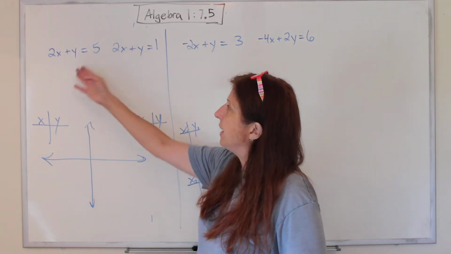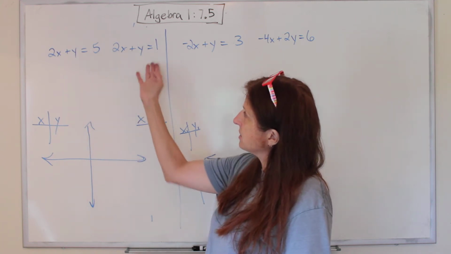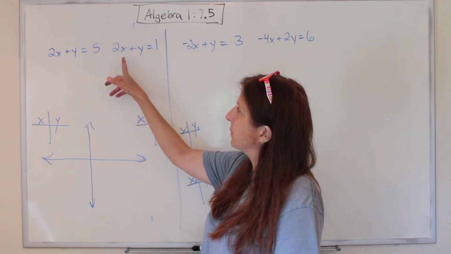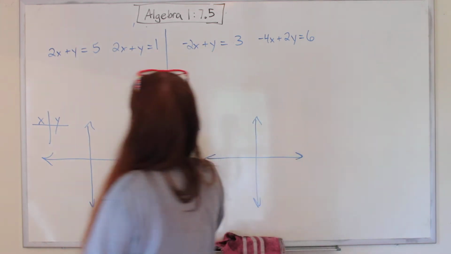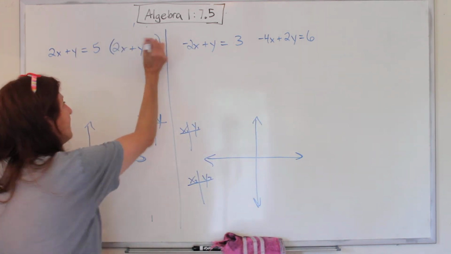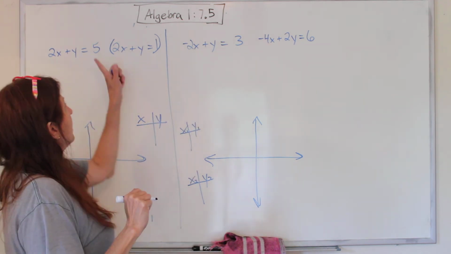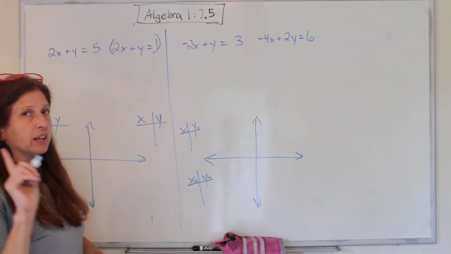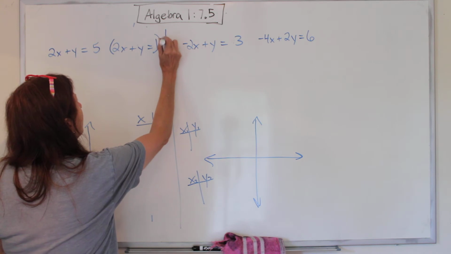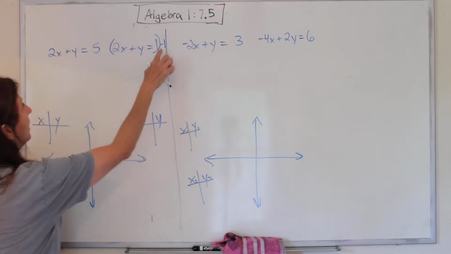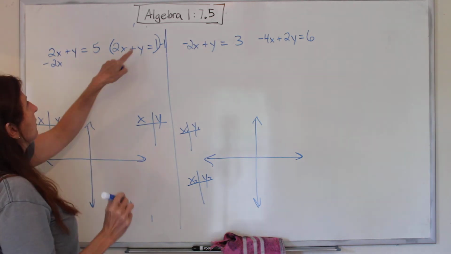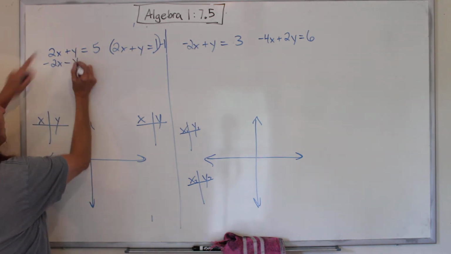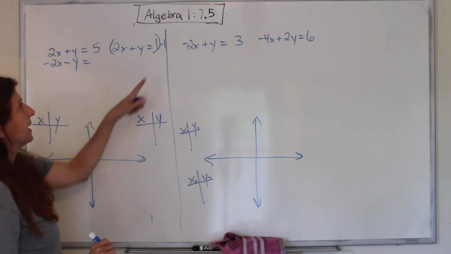So here I have two equations, and it looks like I can make them equal and opposite pretty easy if I multiply this by -1. And remember, you can do anything you want in math as long as you do it to both sides of the equal sign. And what I want to do is multiply by -1 and put it down here. -1 times 2x is -2x. -1 times y is -y, so those are going to cancel out real nicely.